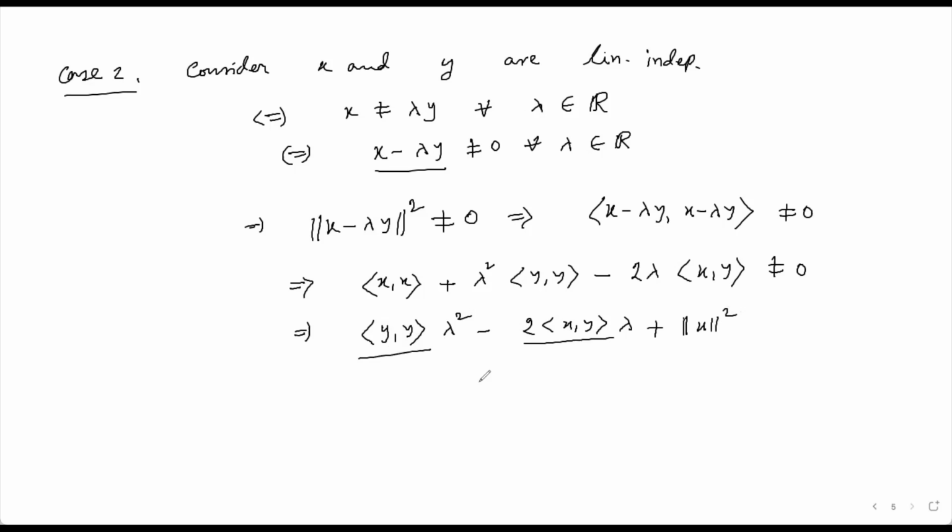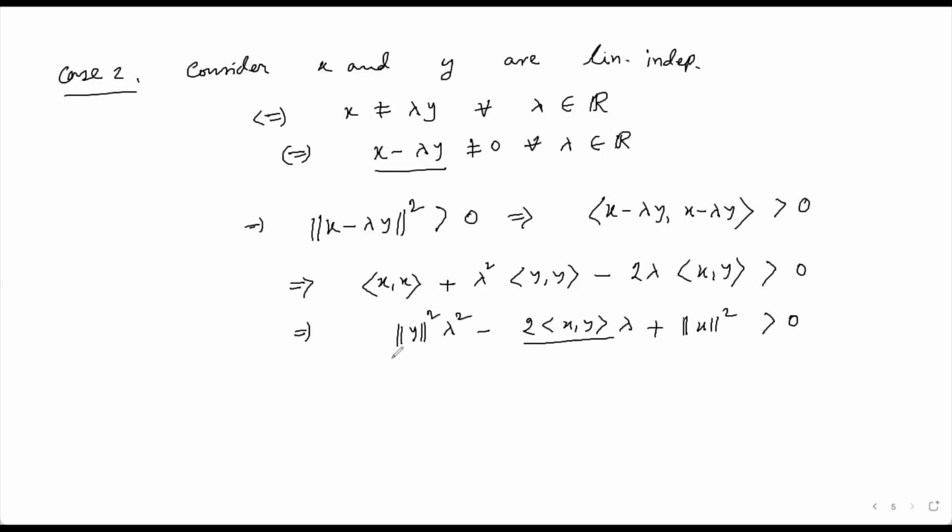Instead of writing the inner product y comma y, let me write norm y square. These are positive, strictly greater than 0 in particular, though non-zero suffices.